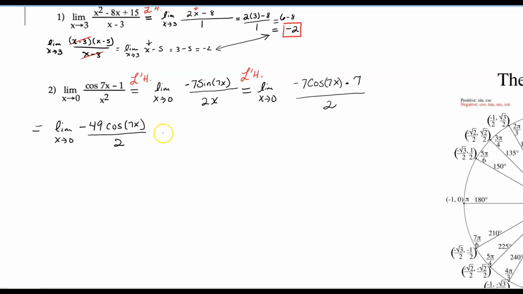Now I'm ready to evaluate. I can plug in the 0 right in there. I get -49 cosine of 0, all divided by 2. Now I need to look at my unit circle.